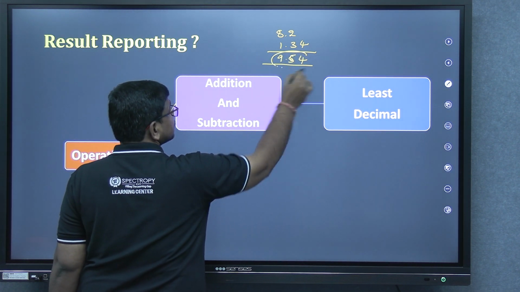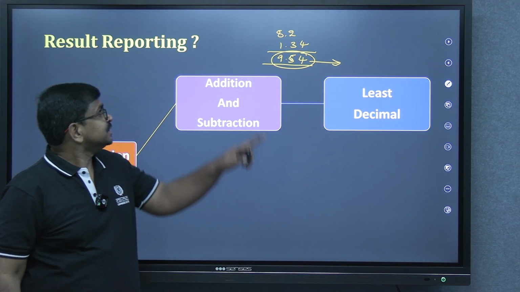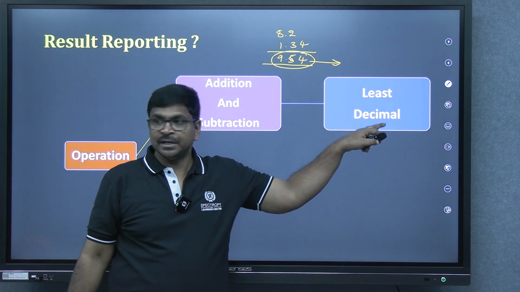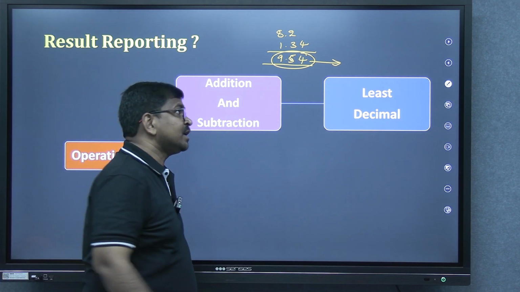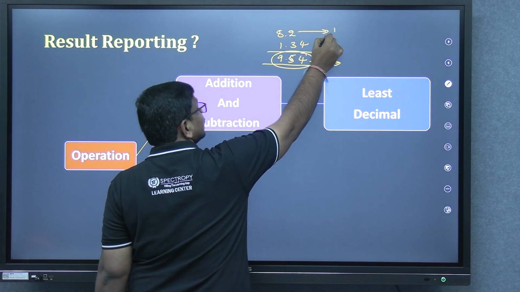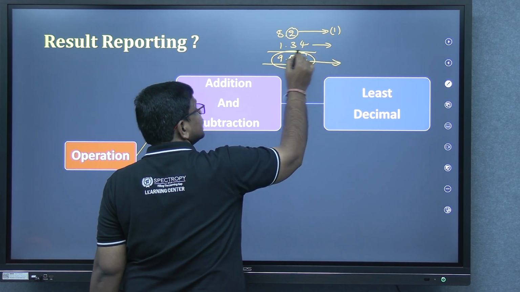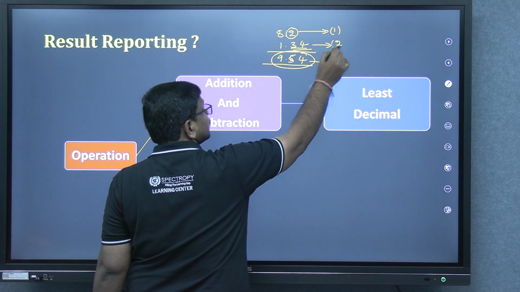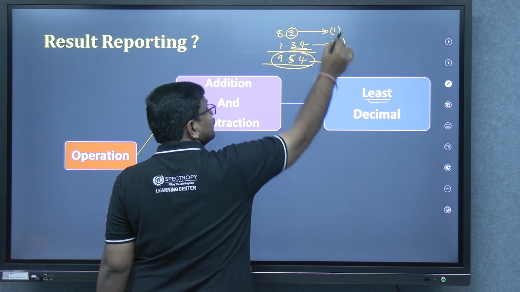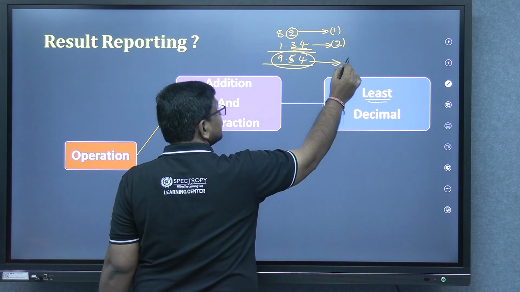But this answer must be rewritten or reported according to which rule? As this is an addition operation, the result should have the least decimal. How many decimals does the first addend have? After the decimal point, 1. And here, how many decimals? 2. So the reported result should have the least decimals. Which is least among them? 1. So the report must be with 1 decimal.